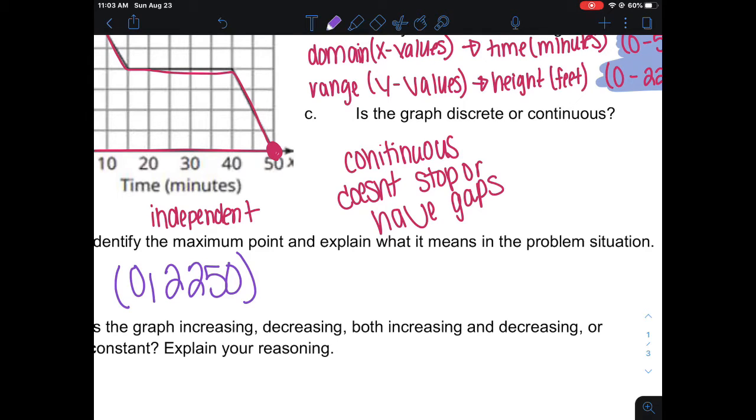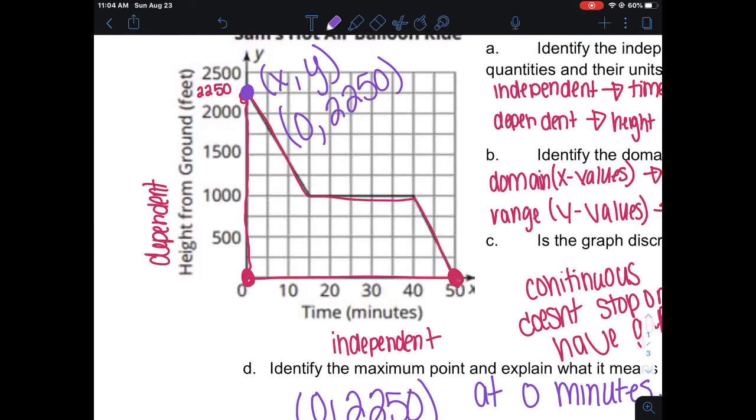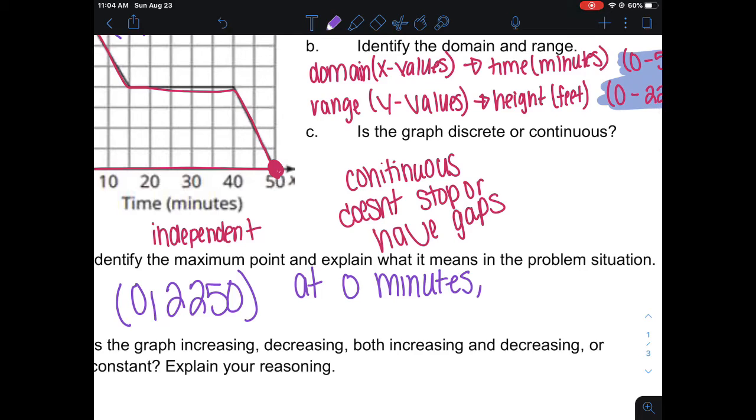So 0 was an x value. What were my x values talking about? My x values were talking about time. So at 0 minutes, what was my y value doing? So y values were height from the ground in feet. What was from the ground in feet?